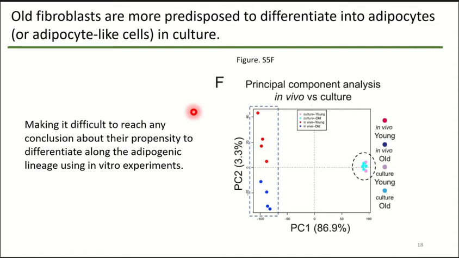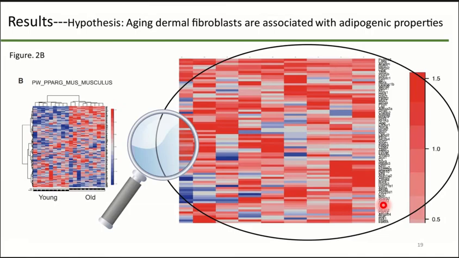So, it can be seen from Figure S5F that the young and old fibroblasts are indistinguishable. Therefore, we have adopted various in vivo methods to better distinguish the above possibility.